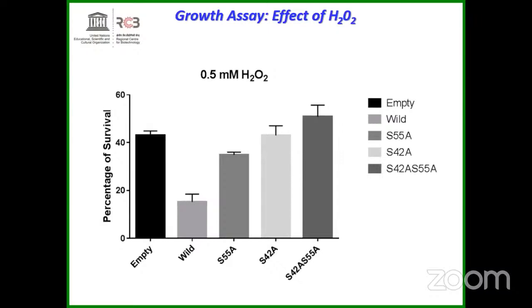But if you mutate those two residues which are important for that Hoogsteen base pairing, then the survival is higher. So in the presence of H2O2, the 8-oxo-dGTP incorporation activity of Pol4 contributes substantially to the cellular lethality.